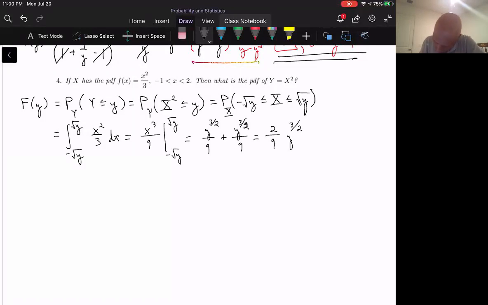So we want little f of y, which is 2/9 times the derivative, which is 3/2, bring the power down, rewrite your base, subtract the 1 from the power, and then simplify. You get root y over 3.